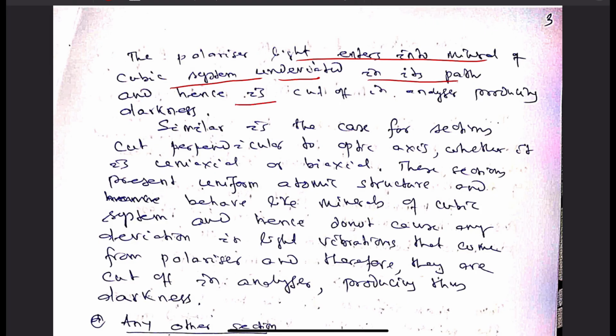It vibrates parallel to north-south as it was vibrating when it was leaving the polarizer. It simply passes through the mineral, enters into the analyzer, hits the analyzer perpendicularly, and no light passes through. Darkness results.